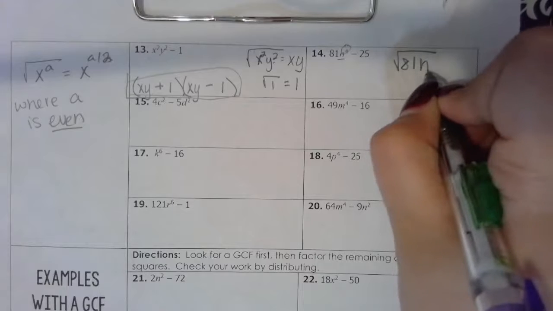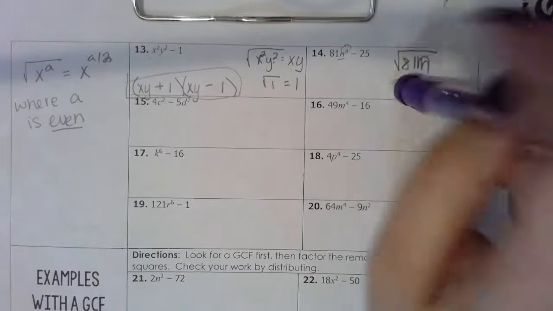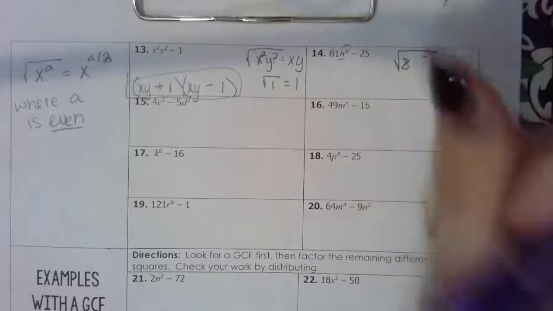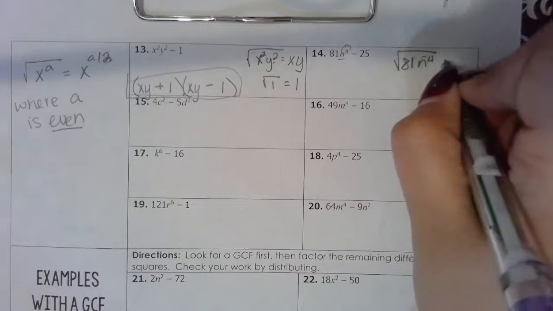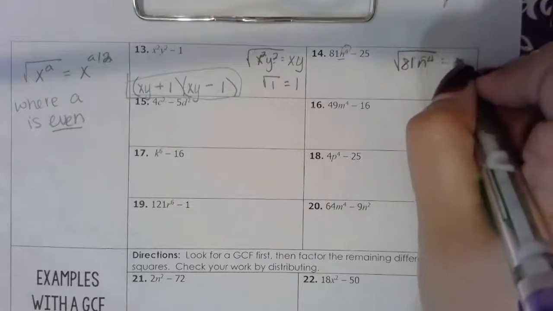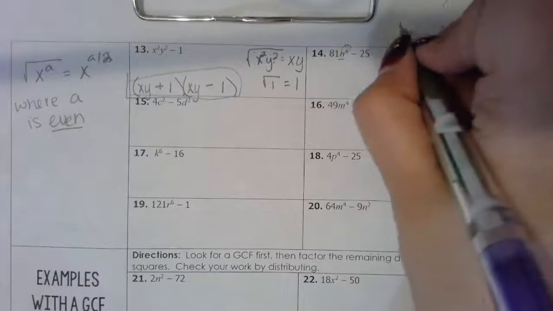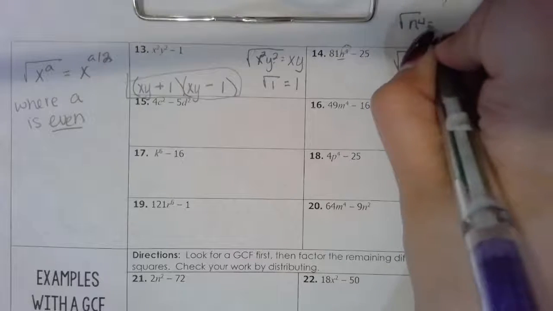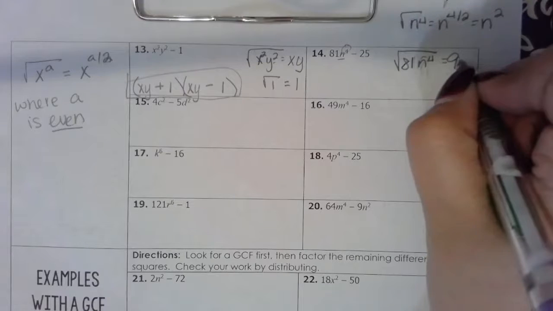That would be 81n to the 4th. The square root of 81 is 9. The square root of n to the 4th would be n to the 4 divided by 2, which is n squared.